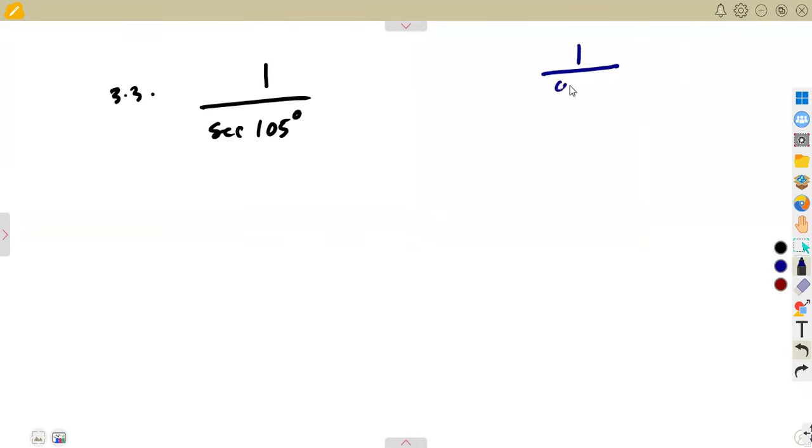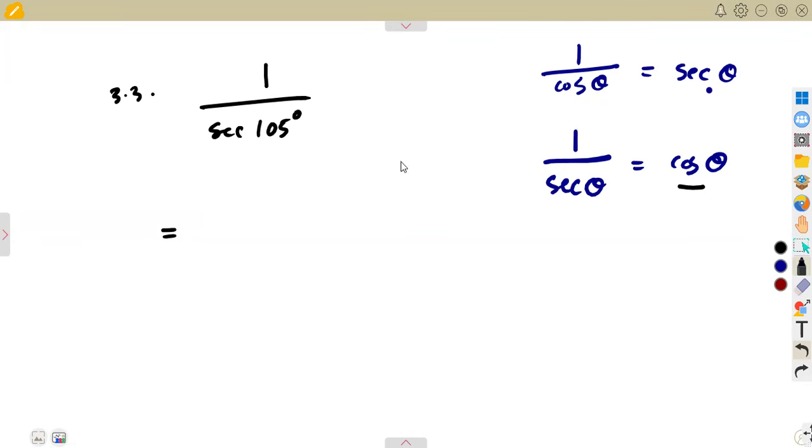Remember, 1 over cos theta is the sec of theta. So it's the opposite way now. 1 over the sec of theta is equal to the cos of theta. So whenever you are given the sec, it is just like you're given a cos. 1 over a sec is a cos. So this was cos 105.